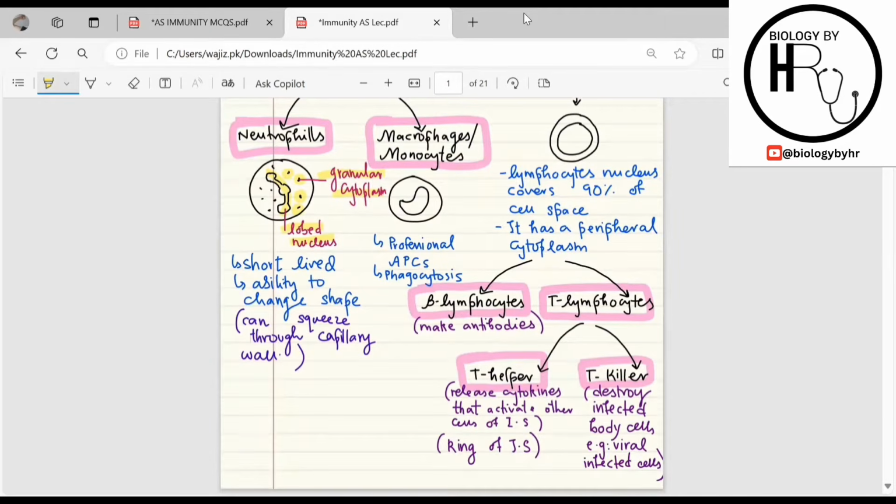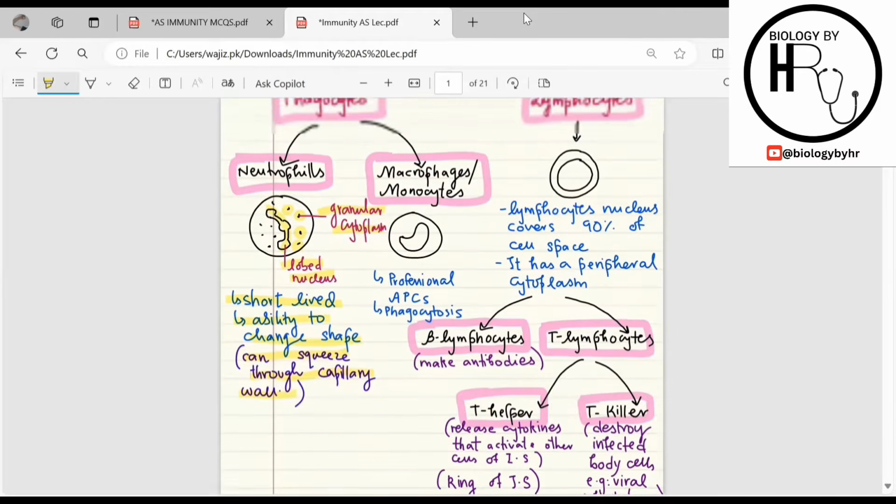The next point which we must know about neutrophils is that they are short-lived cells. They are not long-lived cells. They can reach the site of the infection by squeezing through the capillaries, which means that they have the ability to change their shape. That's why they are able to reach the site of the infection.